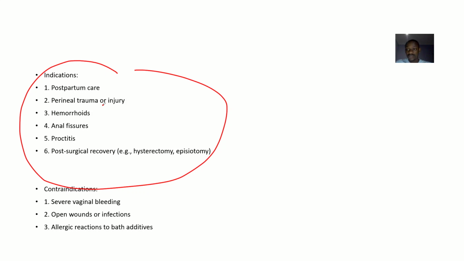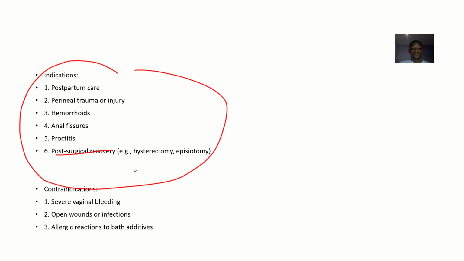That's inflammation of the rectum. It could even be sigmoiditis, but sigmoiditis is far inside, so let's leave it at proctitis. It could be post-surgical recovery, like a surgery such as hysterectomy, then episiotomy.